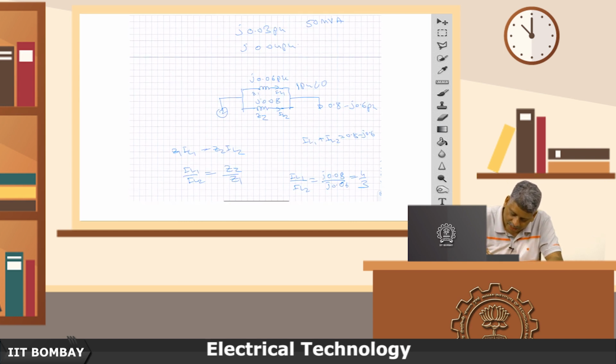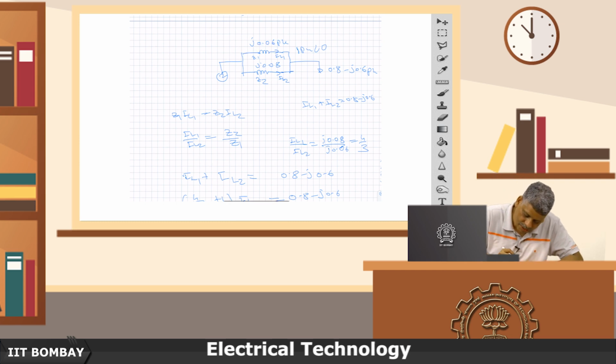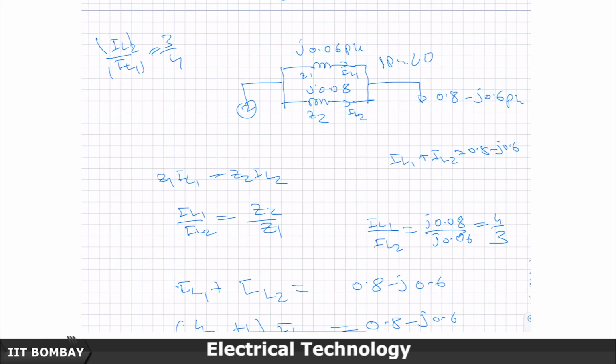If the 100 MVA were shared as 50 MVA and 50 MVA, it would be perfect, but this one carries only 75% of the current. The IL2 by IL1 ratio is basically 3 by 4.